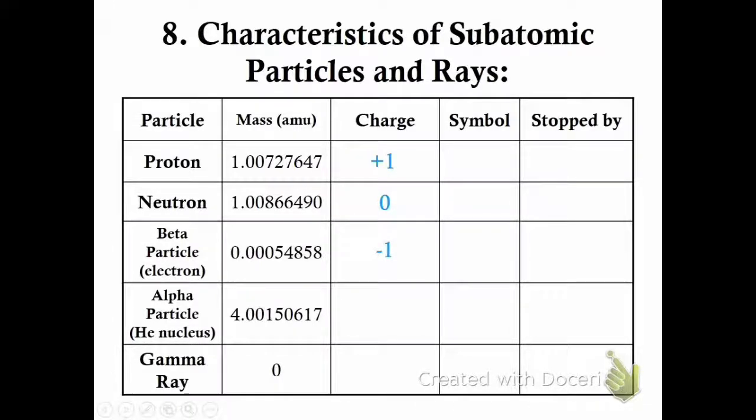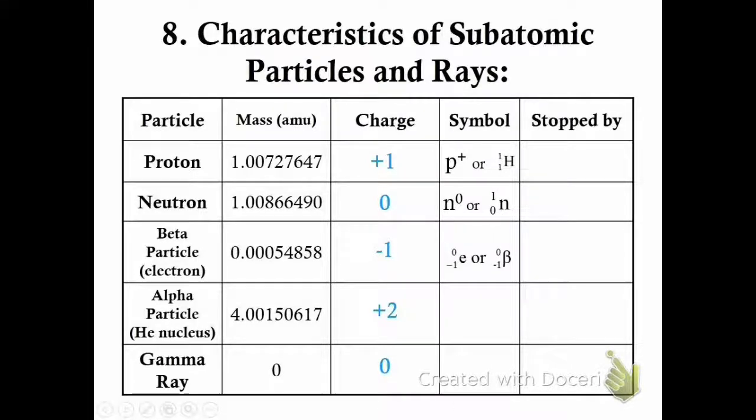Beta particles, because they're an electron, have a -1 charge. Alpha particles, because they're made of protons, have a positive charge. And gamma rays are also neutral. They're just energy rays. The symbol for a proton is P+, or you can write it as H 1/1. H because it has a single proton, right? That is what hydrogen is. And 1 because its mass number is 1 because it's just a proton. Neutrons can be written as n0, or n with a 1 on the top and a 0 on the bottom, right? 1 for the mass number, 0 because there are no protons.